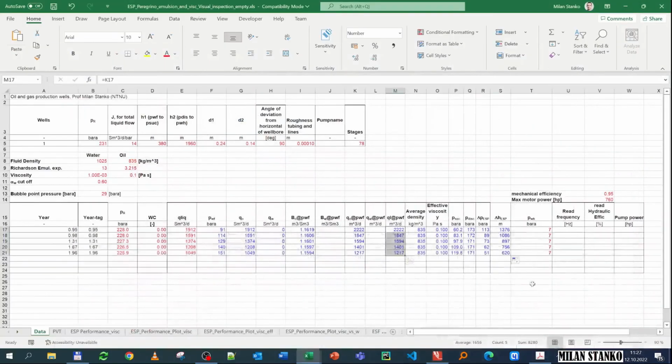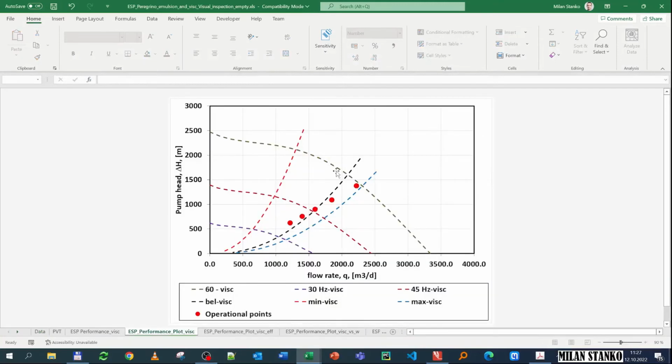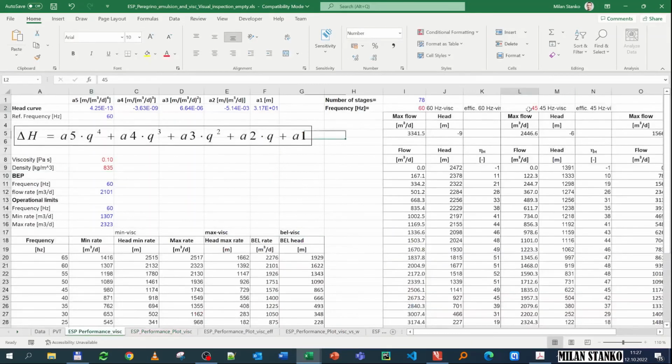Okay, but now let's try to estimate the frequency of those points. The way I'm going to do that, we're going to do a visual inspection. So we are going to change the frequency of this line to something higher, maybe 59 here, very close to 60, until it passes exactly through that point. Okay, so this one we change to maybe 59.